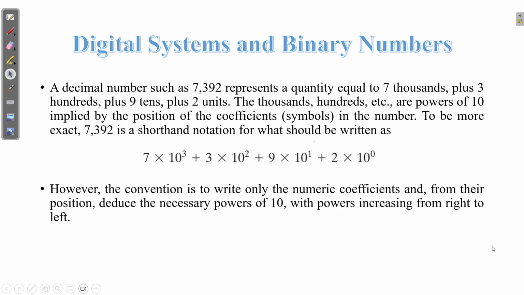Okay, now from primary school we have learned how we can represent numbers in the decimal system.